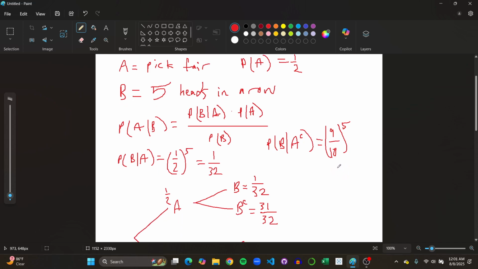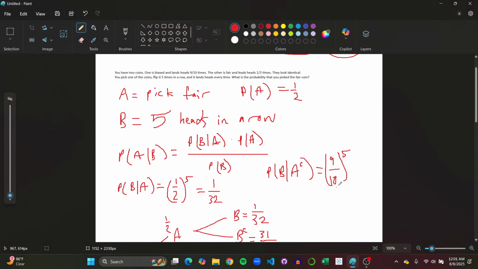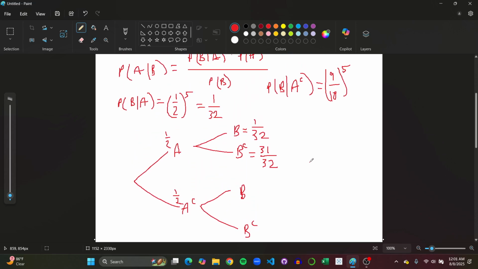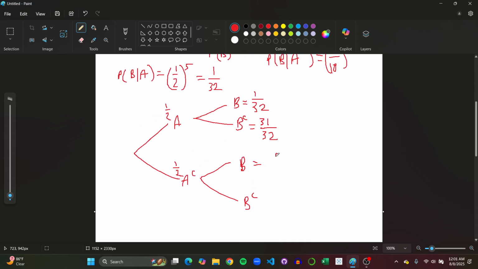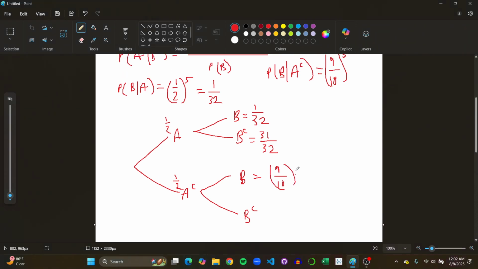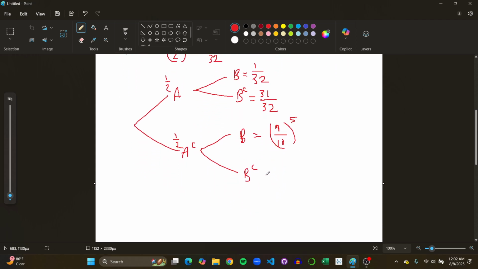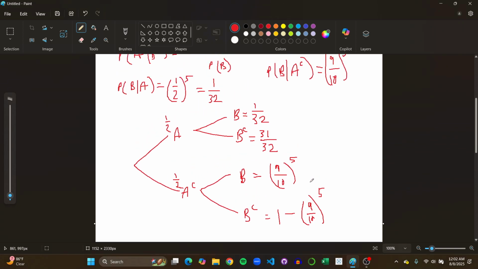And I don't know the exact fraction simplification, but that's fine. I'm going to use some Desmos later. And then with mutual exclusivity, we know that this is equal to 1 minus this quantity.